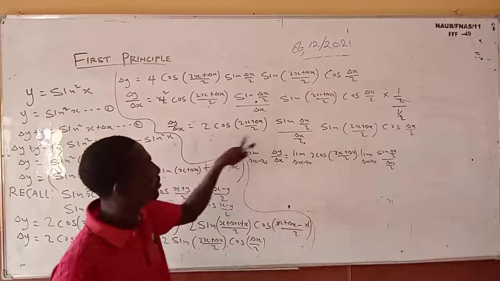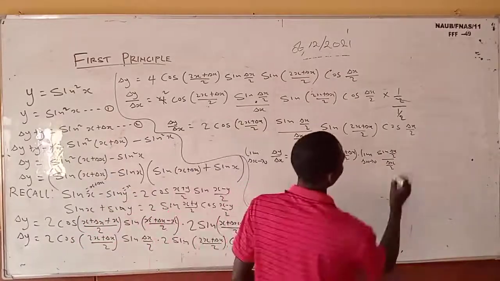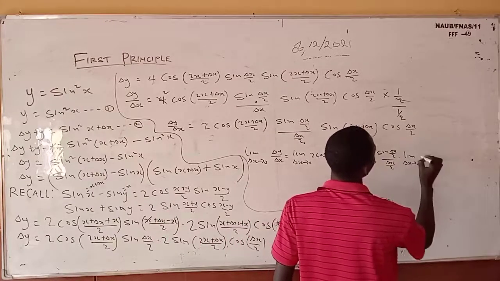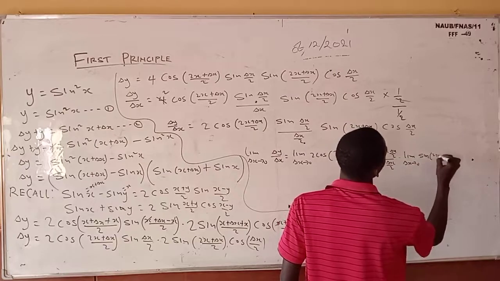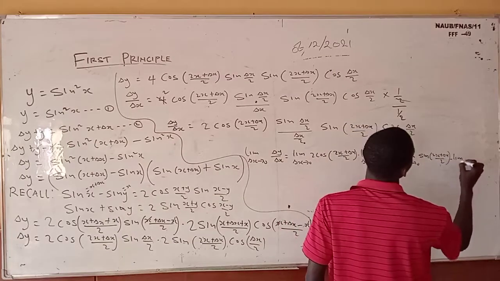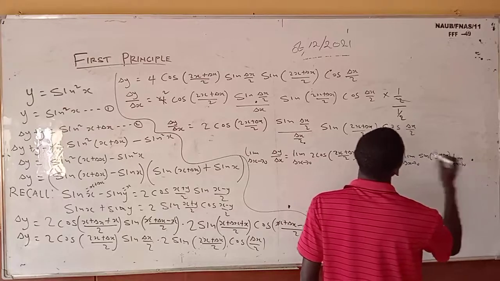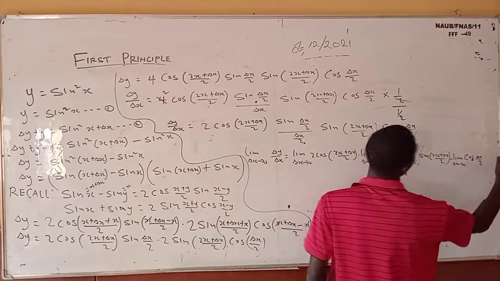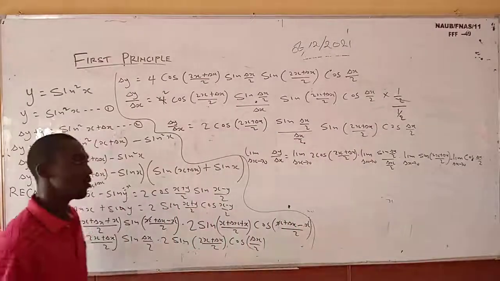I'll take the limit of this also: the limit of sine 2s plus change in s over 2, then the limit of cos change in s over 2. Do you get that?